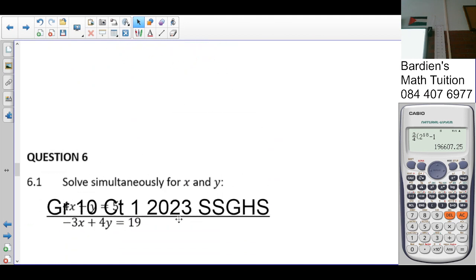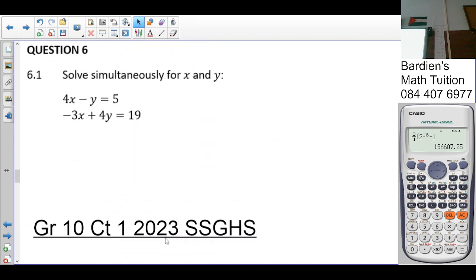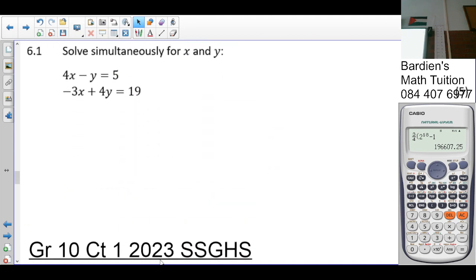Go to the next question, question 6, your simultaneous equation. It says solve simultaneously for x and y. Okay, so you can do it by the elimination method or you can do it by substitution. So I'm going to go with the substitution method.